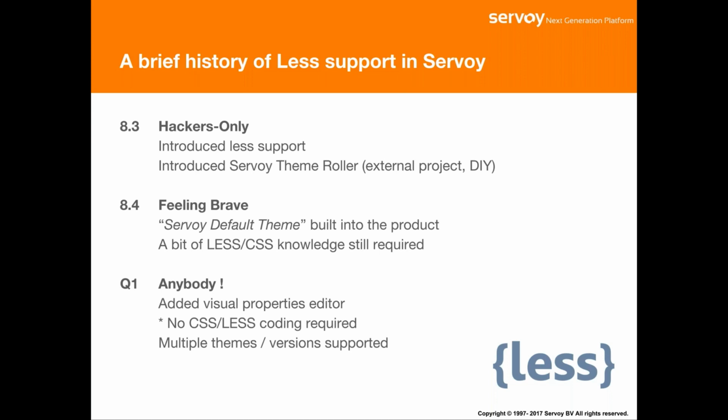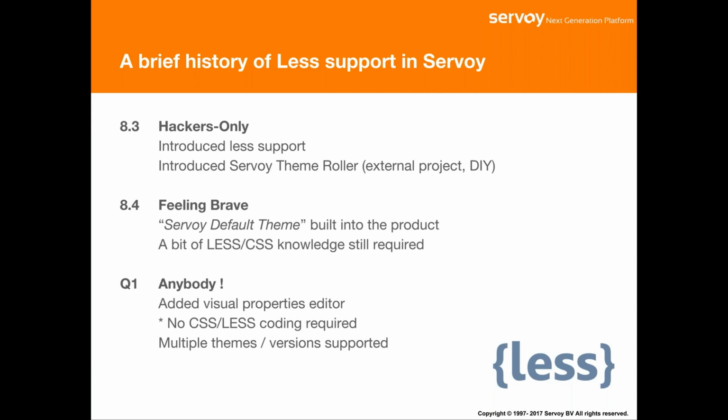We also created that theme roller project, but you're still putting the pieces together in those files yourself. In 8.4, we decided to start shipping the default theme in the project. This was a big step. Again, if you're feeling brave, you can open up that Less file and start manually editing those properties. But finally, in the Q1 build, anybody can start to create variations on this theme.